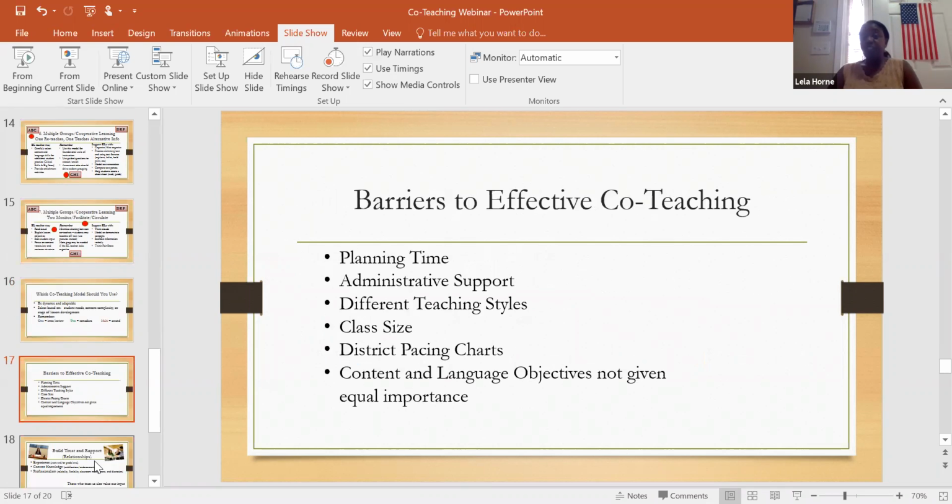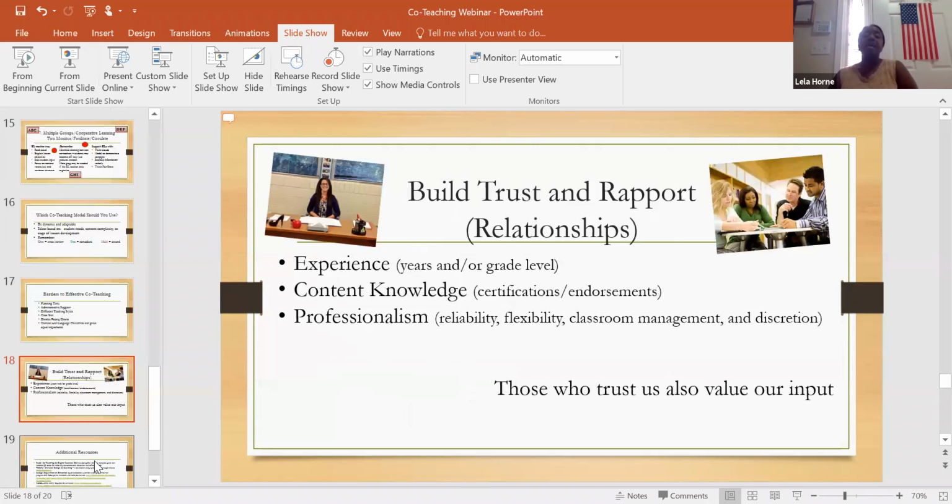There are some barriers to co-teaching that we all know, we all discuss, and we all need to make sure that we minimize these barriers where we can by either discussing them with administrators or with our co-teachers. And speaking of the co-teachers, we certainly need to build the trust and rapport that we have with them so that we can have a school year that runs smoothly.